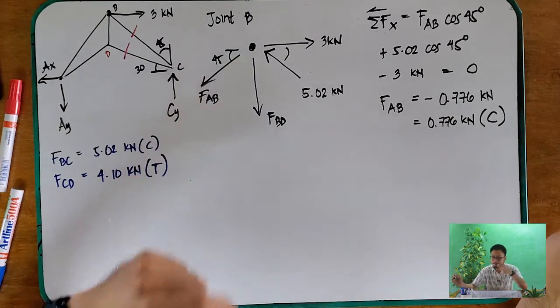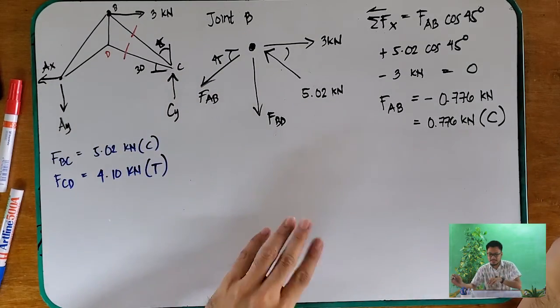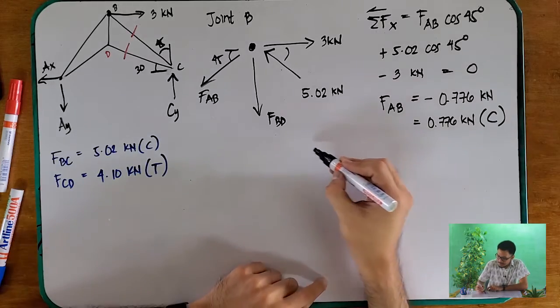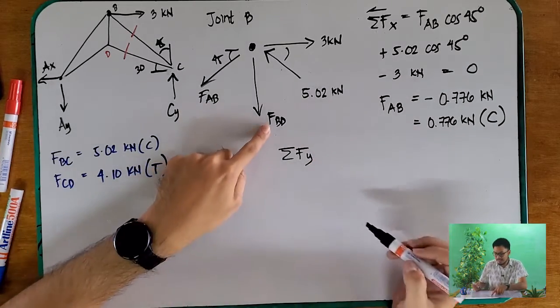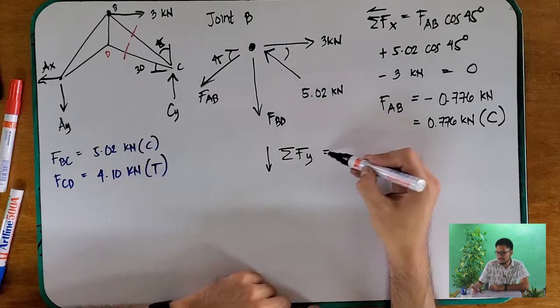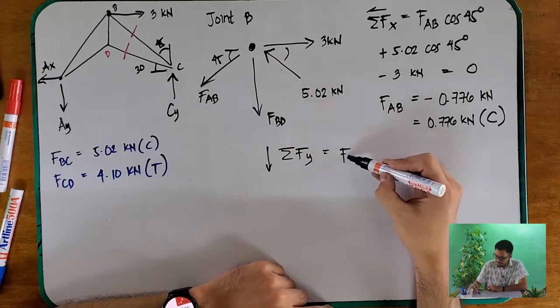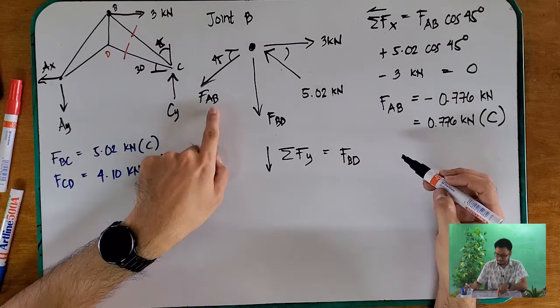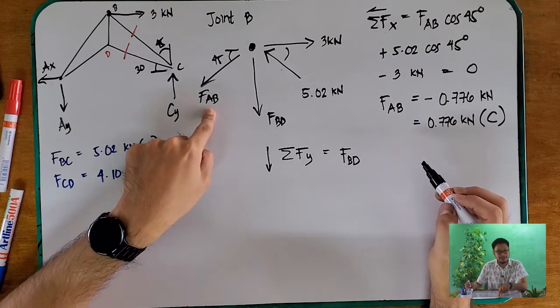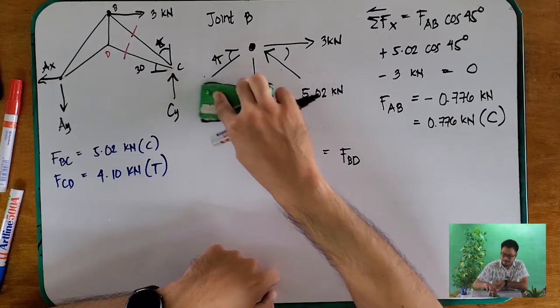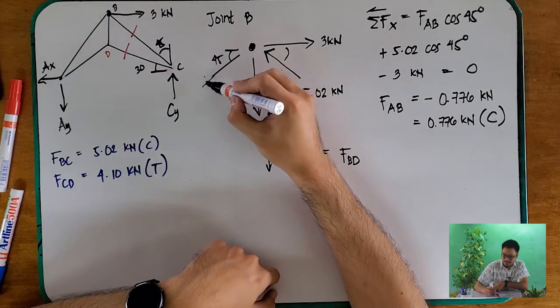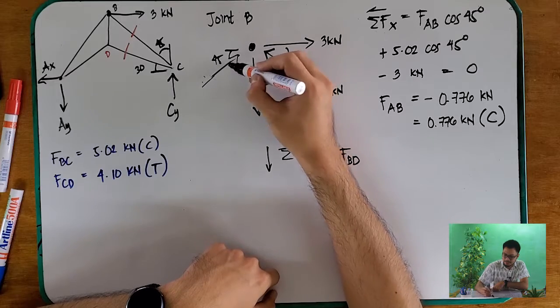Now, let's solve for the other one. Summation of forces along the y, and we take positive in the direction of our unknown, FBD. Take note that this one is in compression, so we should change its direction. We must not make a mistake here, because it is very important.